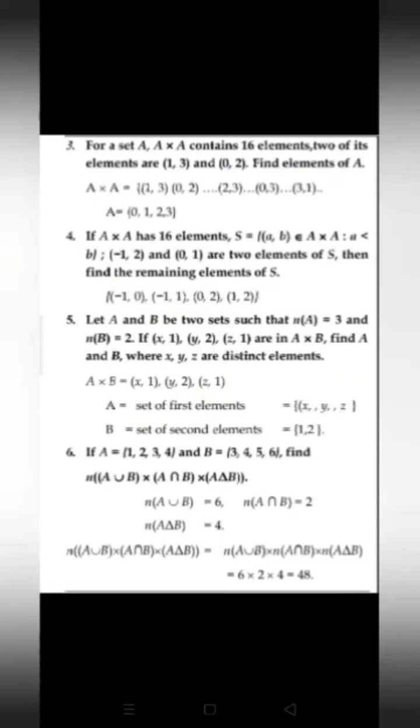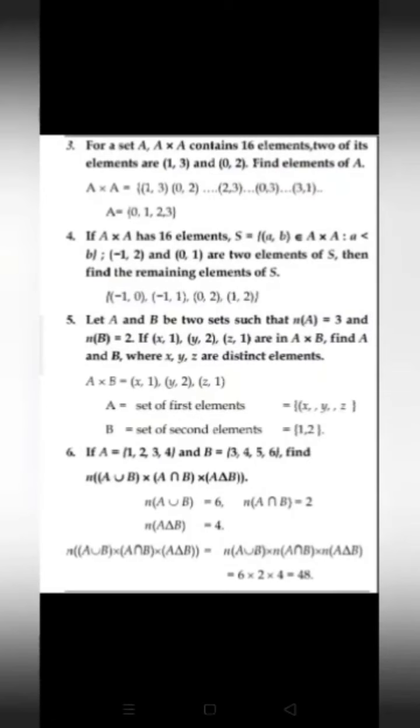Next problem. Let A and B be two sets such that n of A equals 3 and n of B equals 2. If the ordered pairs (x, 1), (y, 2), (z, 1) are in A cross B, find A and B where x, y and z are distinct elements. So A cross B is given. Find the sets A and B. Our first elements always belong to the first set.